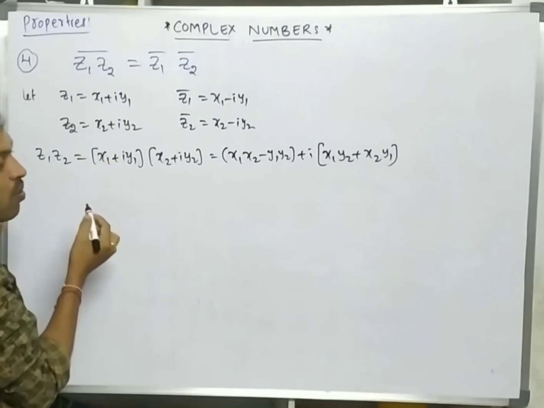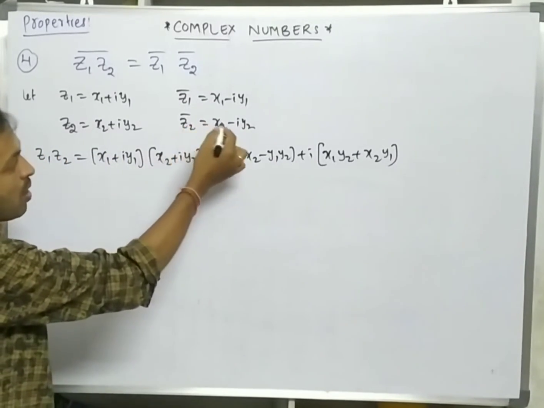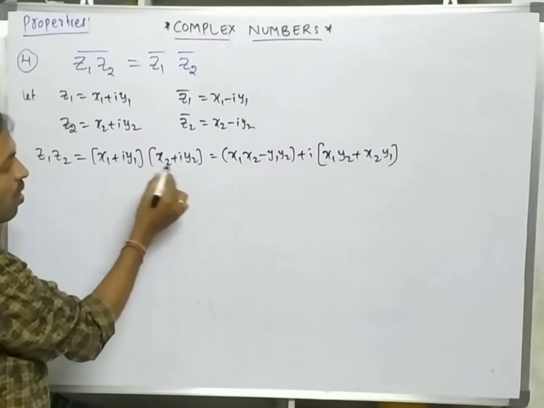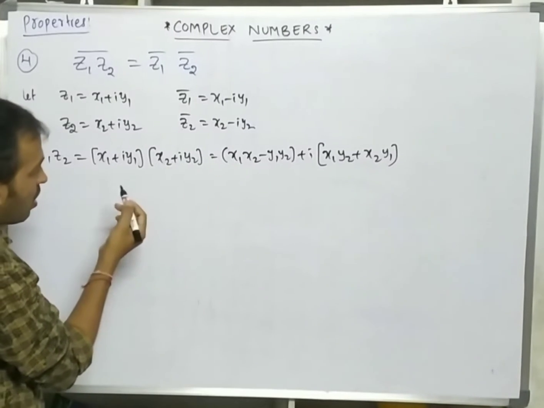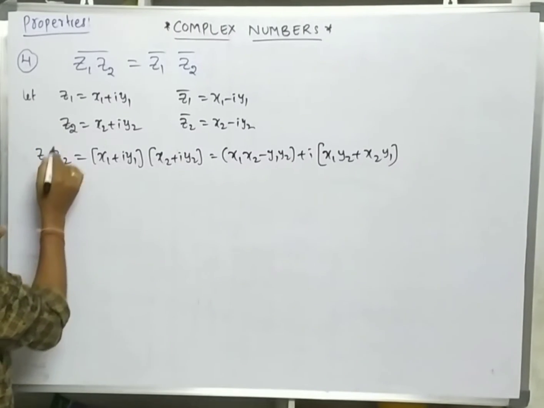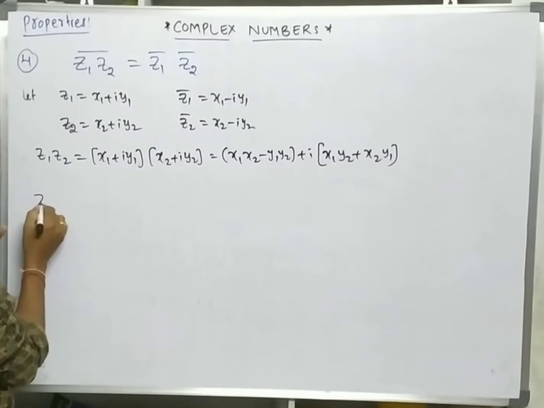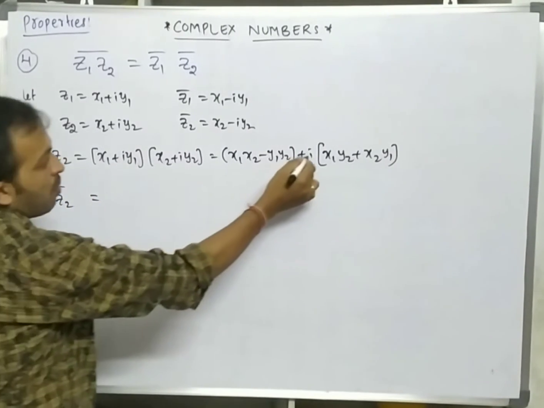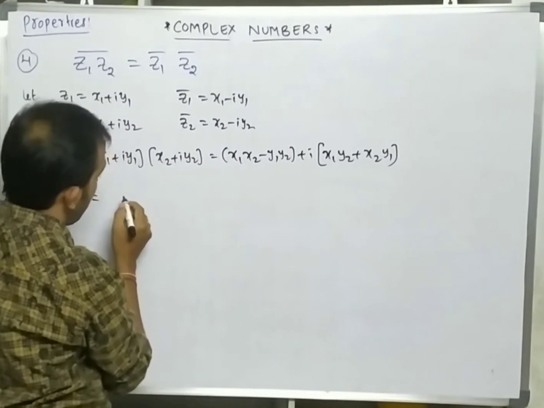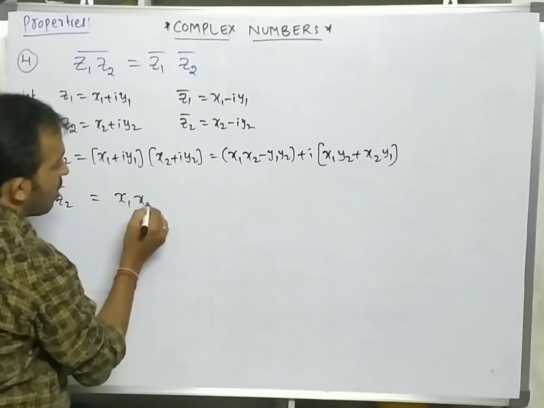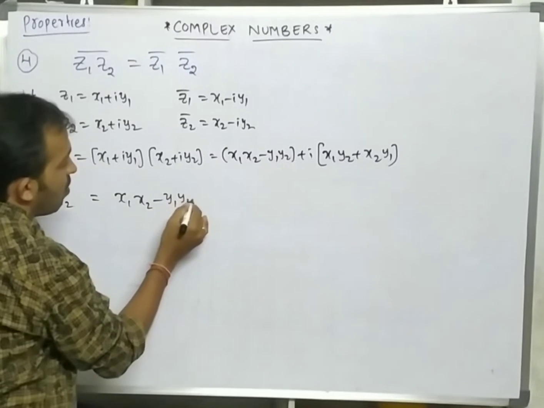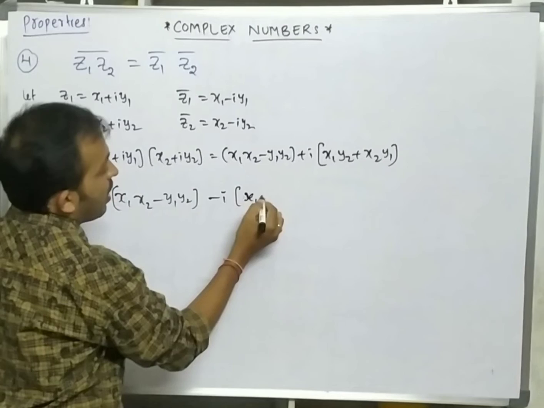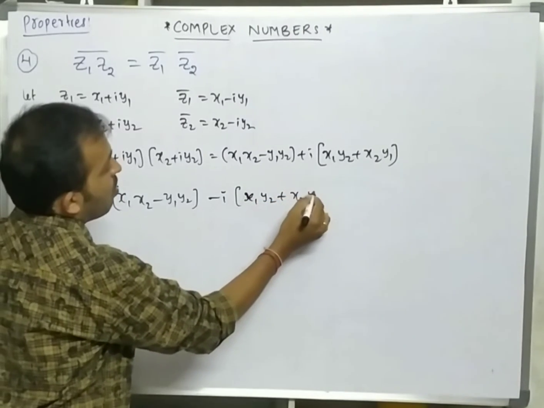Next, z2 is equal to x2 plus iy2, then z2 bar is equal to x2 minus iy2. z1 into z2 we have already solved in previous videos, the product of two complex numbers. Now conjugate of z1 z2, just replace i with minus i, we will get x1 x2 minus y1 y2 minus i into x1 y2 plus x2 y1.